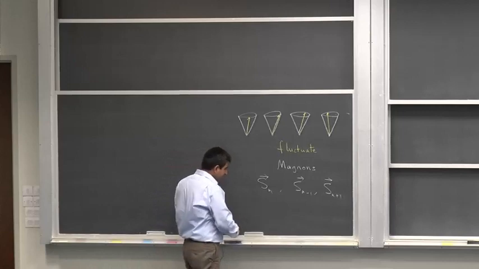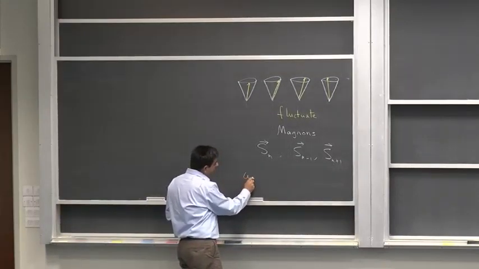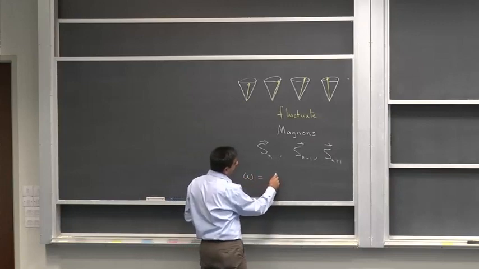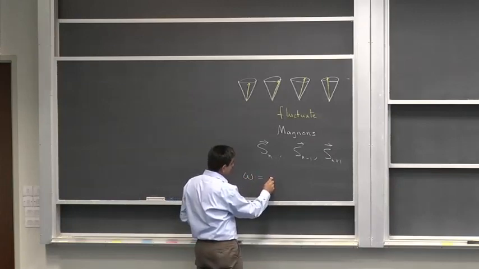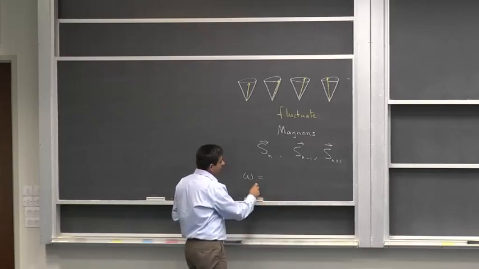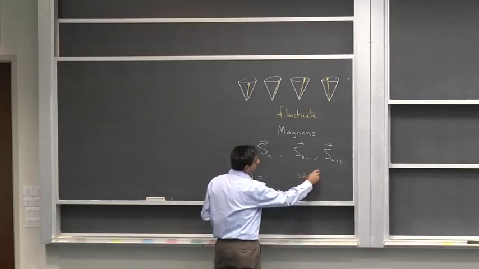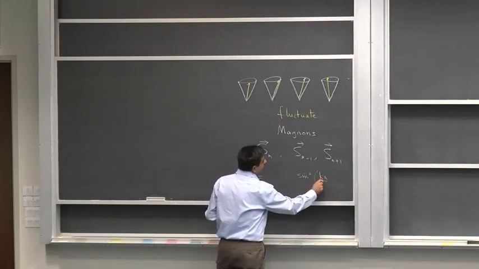And the dispersion relationship that we obtained was omega is, could you tell me what the dispersion relationship was? It's proportional to sine square Ka over 2.